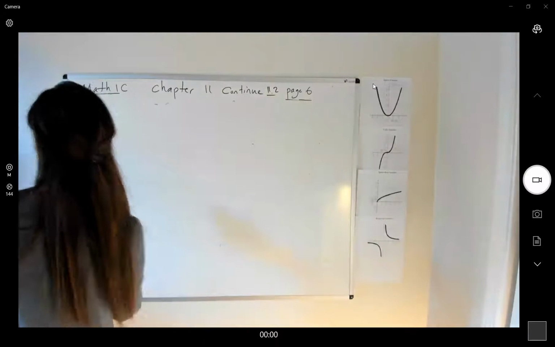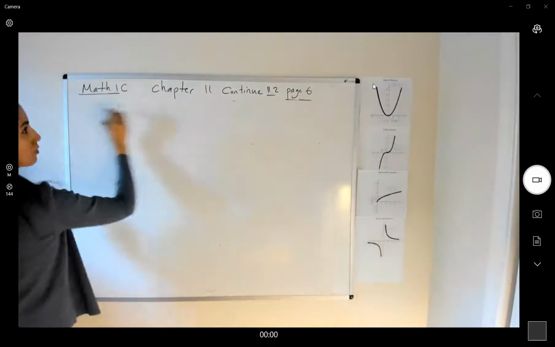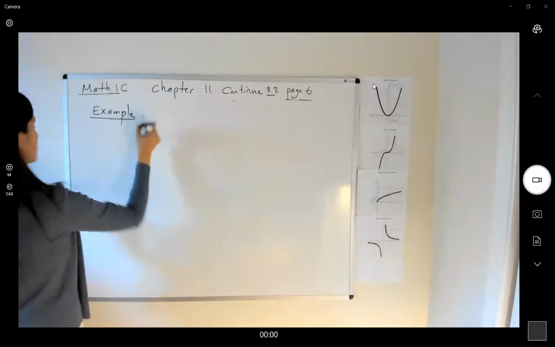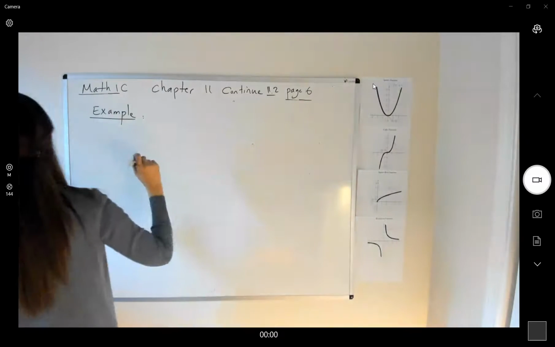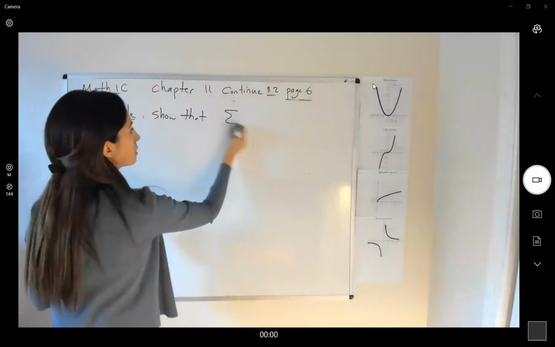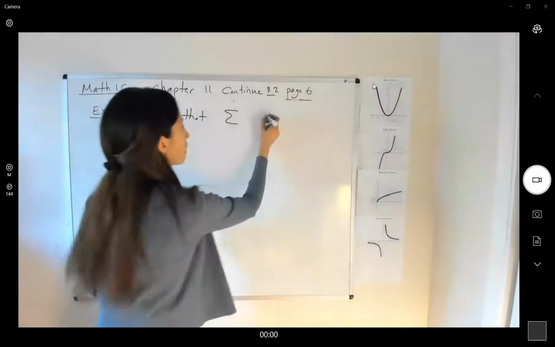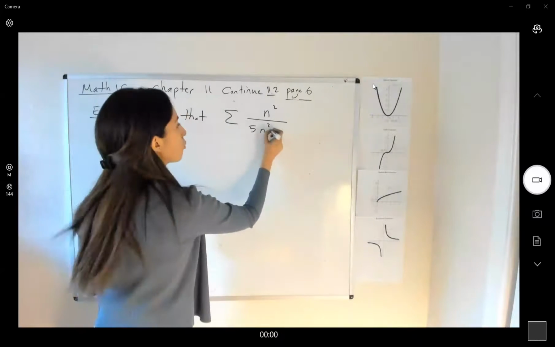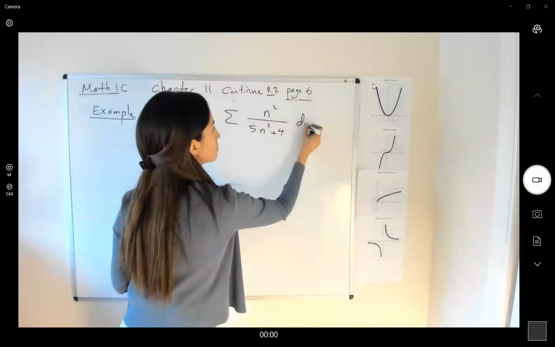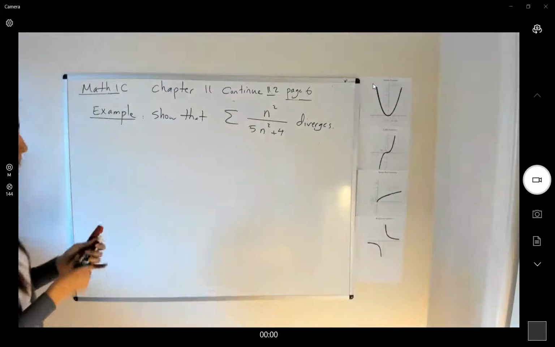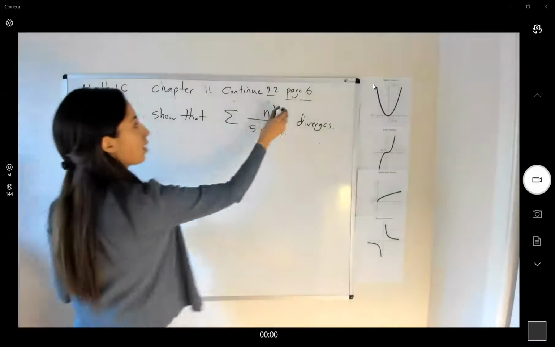So the example says, we're still on page 6, show that the series n squared over 5n squared plus 4 diverges. Very well. Let us take the limit of an.